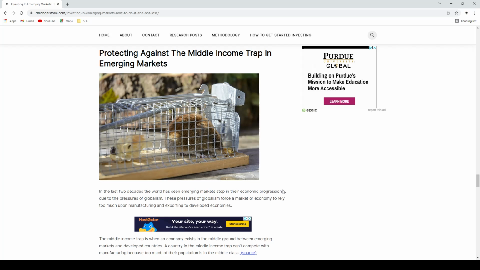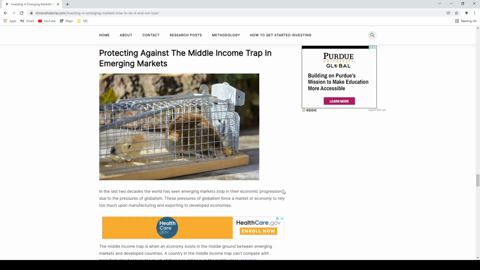Which means, in the world of globalism, the developed countries won't buy the Chinese goods, or the Indian goods, or Nigeria's goods, or whatever it is, because they can just go to another country that is still in the emerging market status and doesn't have this middle income trap, and they'll just buy their goods instead.